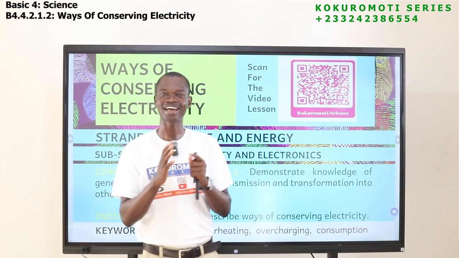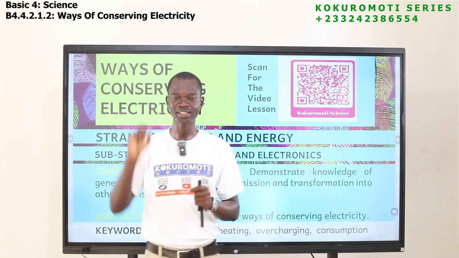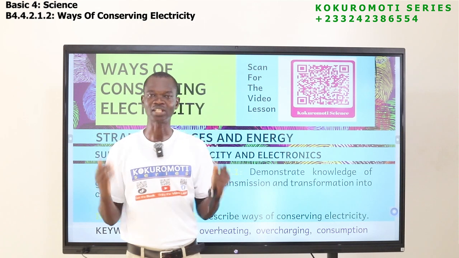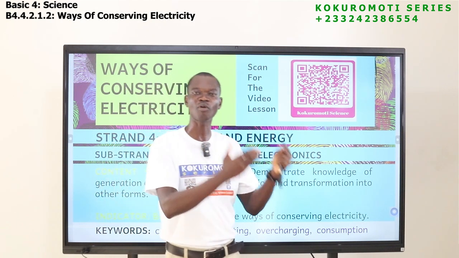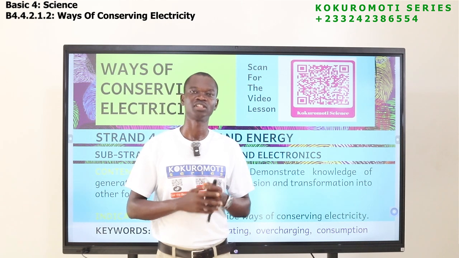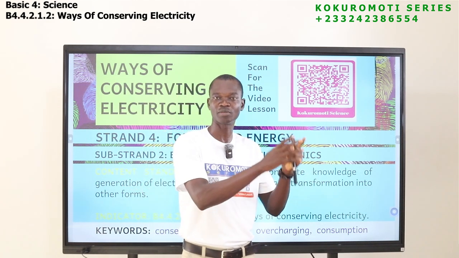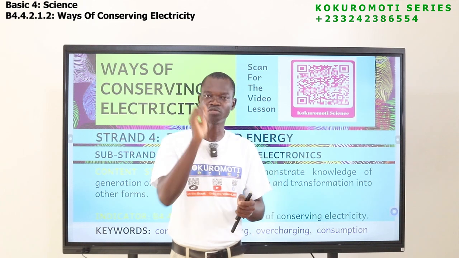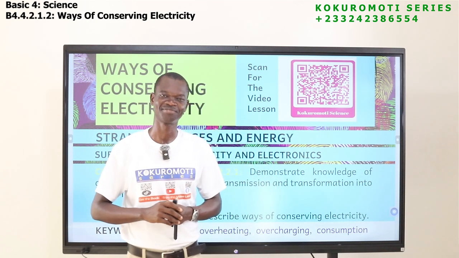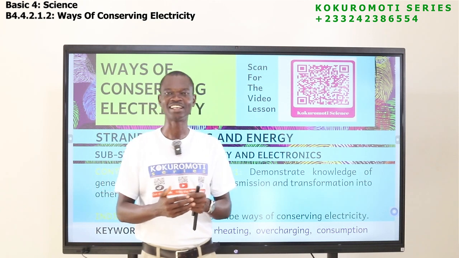So anytime you are using electricity, make sure you use it wisely so that they will not pay more. If you use it anyhow, the money that they will give you to go to school, they will use it to pay for electricity. I know your parents will not do that, but let's try.